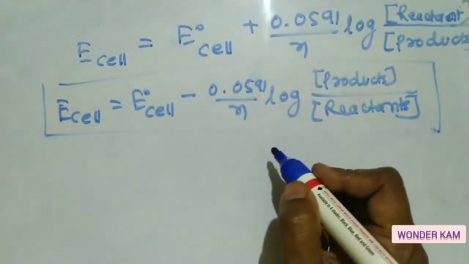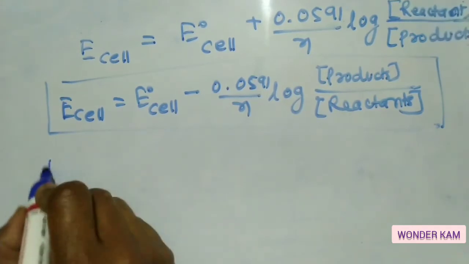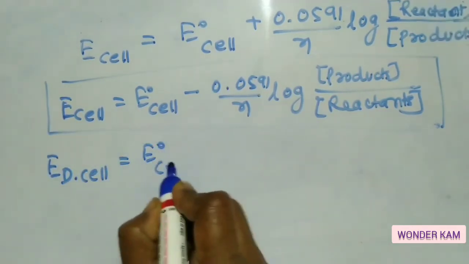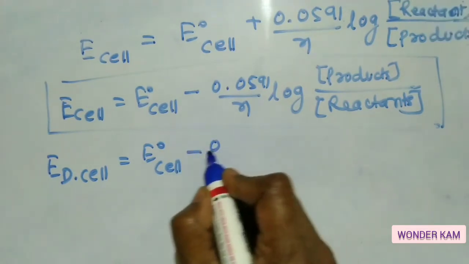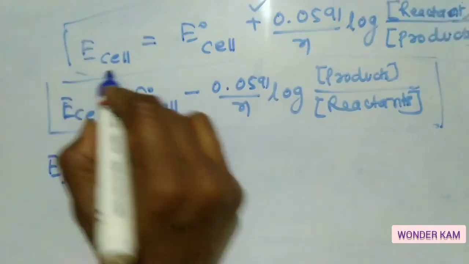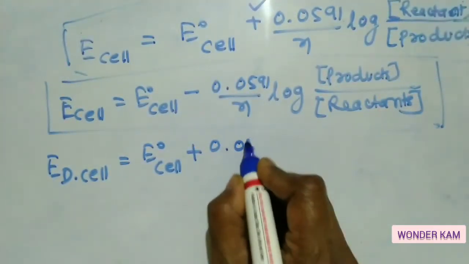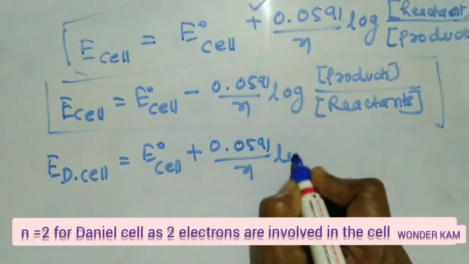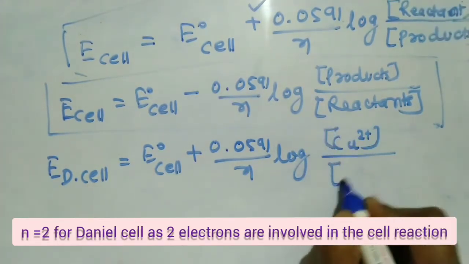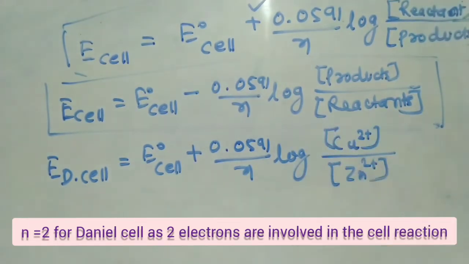And if we consider the Daniell cell, going through the overall cell reaction, I prefer this equation: E cell = E°cell − 0.0591/n log copper ion concentration by zinc ion concentration. Here n is equal to 2.